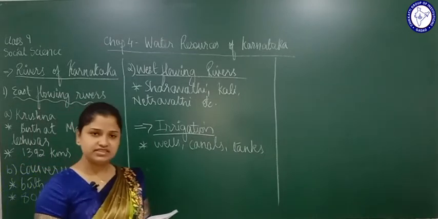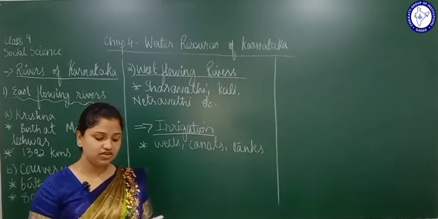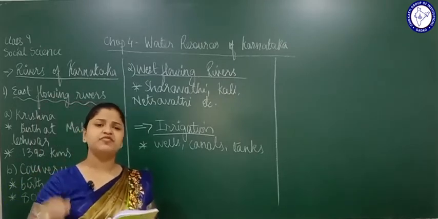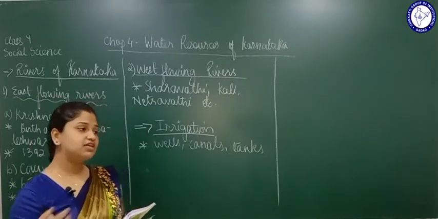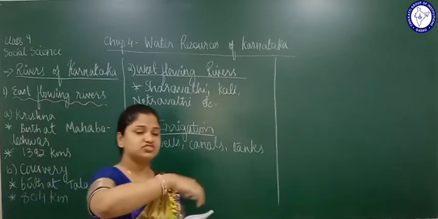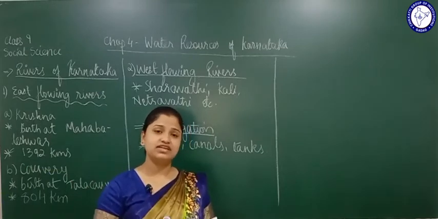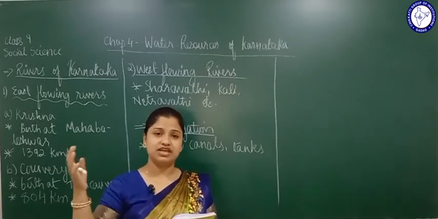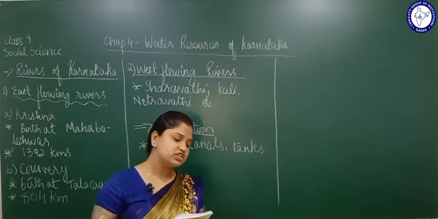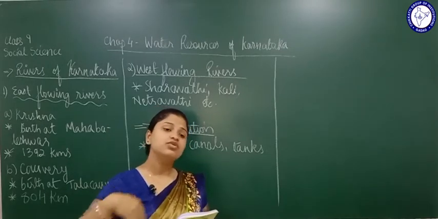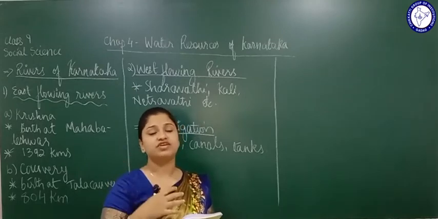In early days, wells were dug in the village for the purpose of irrigation. Simple wells made up of mud were dug. But nowadays these wells have been constructed nicely. They are made up of stone using cement, so that they last for a very long time, right? And they give you enough water. Initially only the ground was dug and then the water would come, but now proper construction of wells is done.